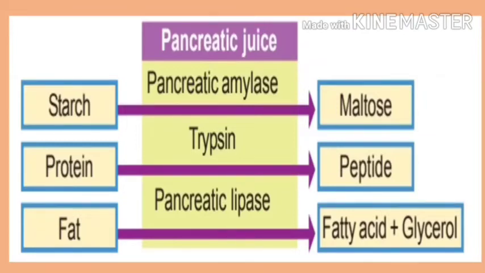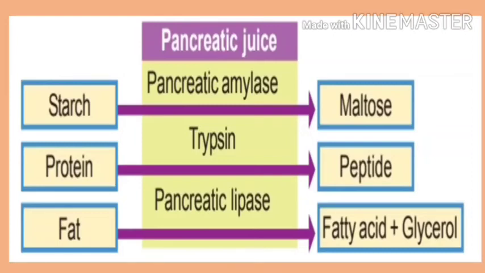Gastric juice contains enzymes like pepsin and lipase. Pepsin converts proteins to peptones. Lipase digests the fat partially. Along with that, hydrochloric acid, mucus as well as bicarbonates are also present.